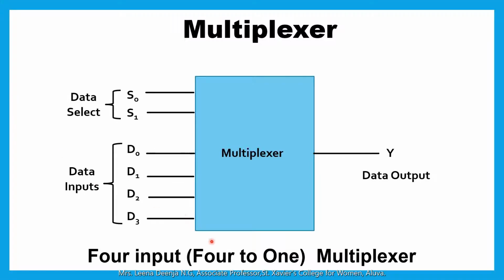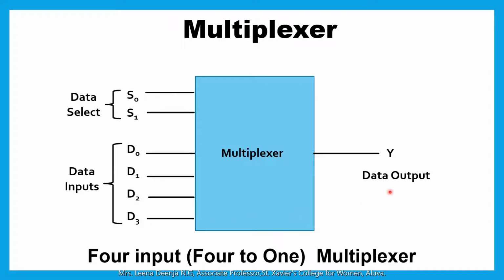The logic symbol of a 4-input multiplexer is shown here. Here there are two data selection inputs S0 and S1, and the data inputs are D0, D1, D2 and D3.